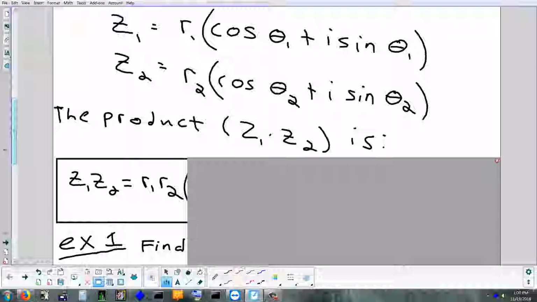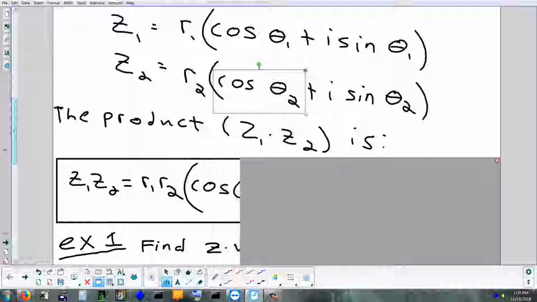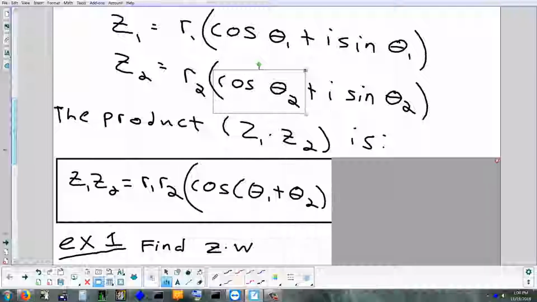The other thing you have to find besides the new radius is the new what? Yep, you have to find the new angle. Each complex number had their own angle. So how do we find the new angle when we multiply them together? All you have to do is add the angles together.